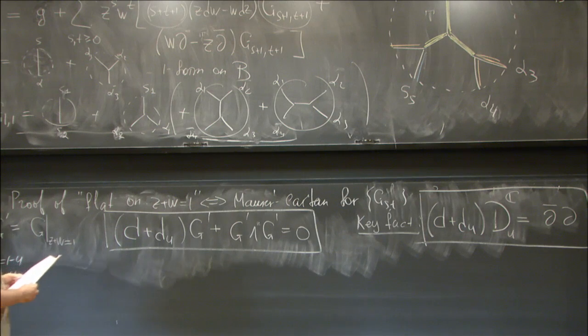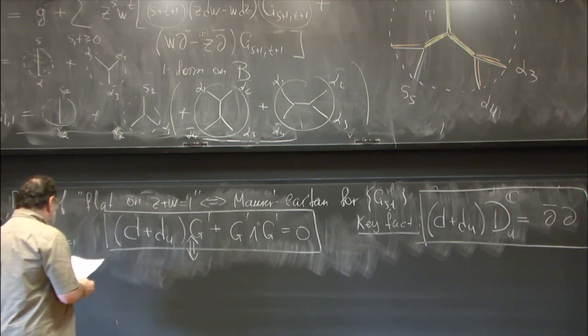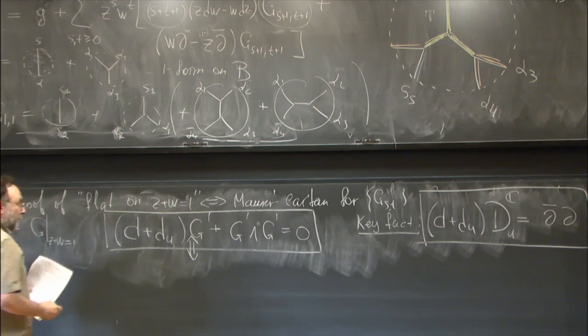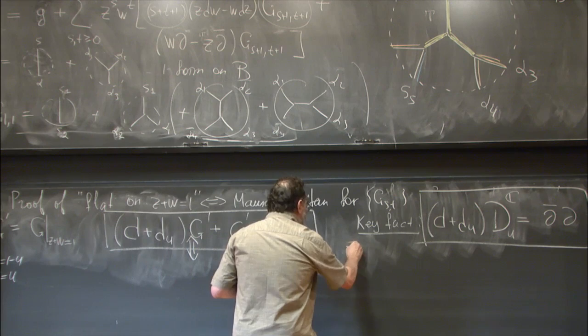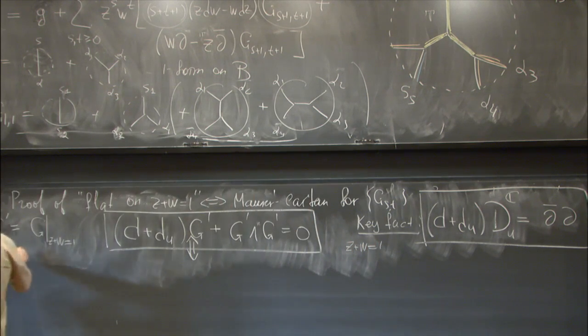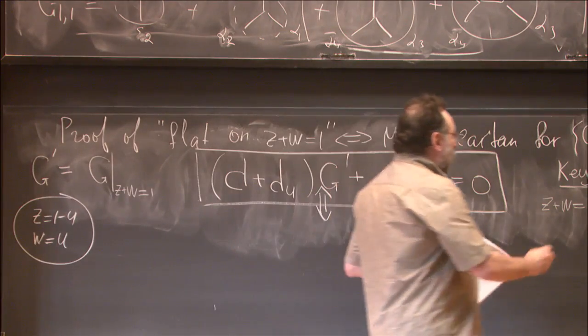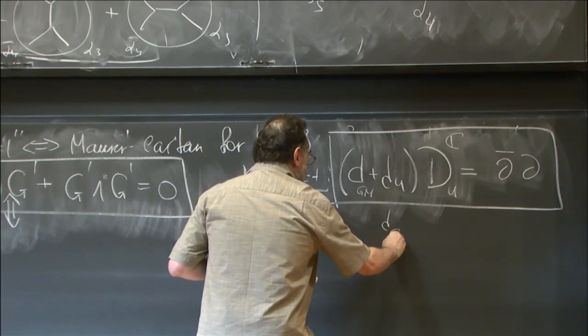Okay? Now, how are we going to use this? So what are we actually going to prove? Instead of proving this, this is equivalent to some dual statement. So what's capital D lower u upper c? Remember that we have z plus w equal to 1. So I parameterize this line by parameter u. Before, we had that d is a Gauss-Manin d, and this before was dc2.